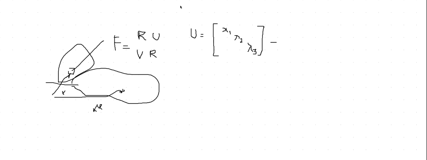So that implies that C, which is equal to U squared, for this same choice of coordinates, which has these directions N, could be written as lambda 1 squared, lambda 2 squared, all the way to lambda 3 squared, and all the others are 0.